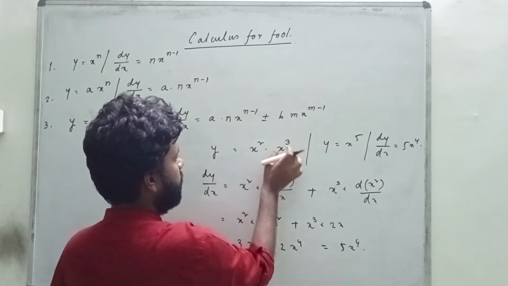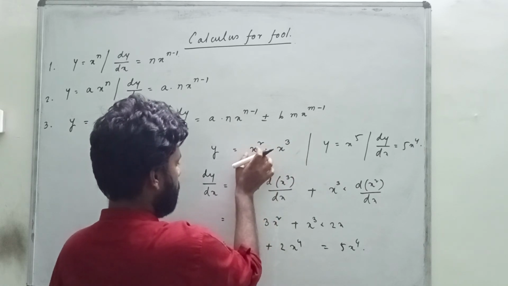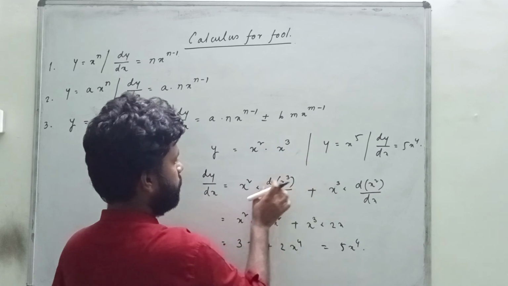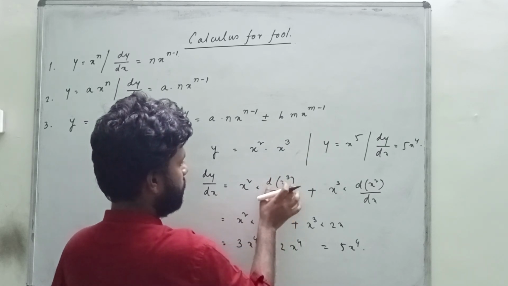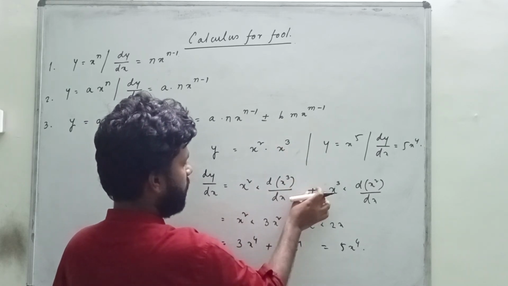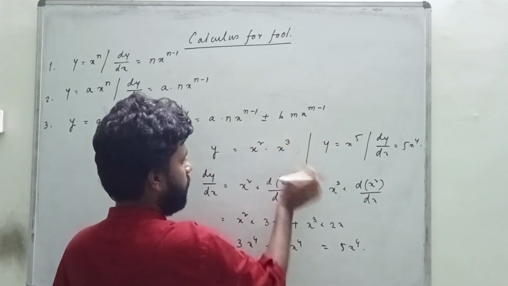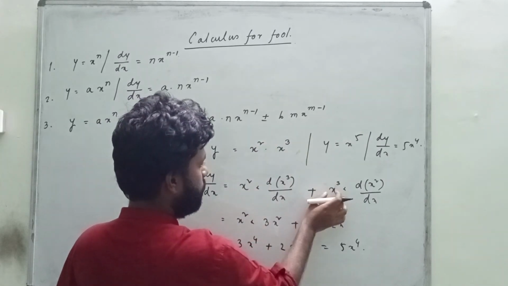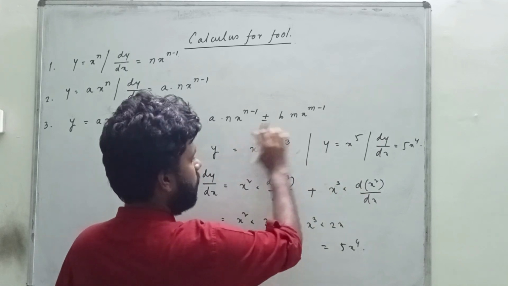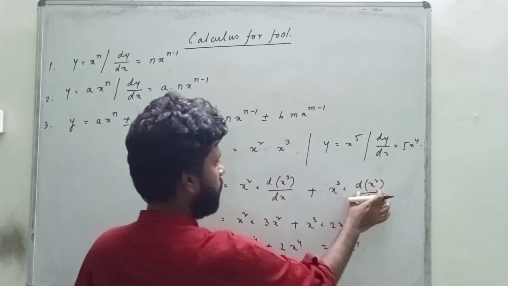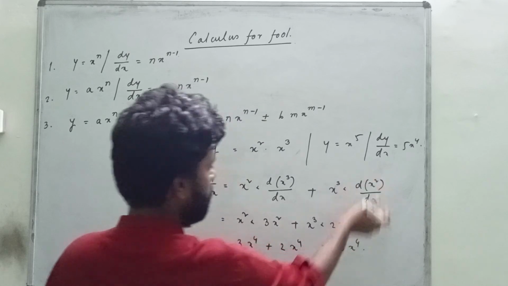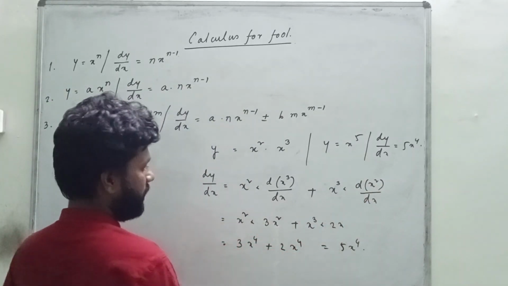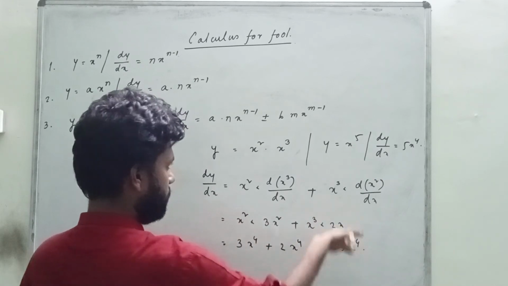One function remains fixed, and then you take dy over dx of another function, plus, now the other function is fixed, this is cube, and then you take dy over dx of the other function. So just the same result actually.